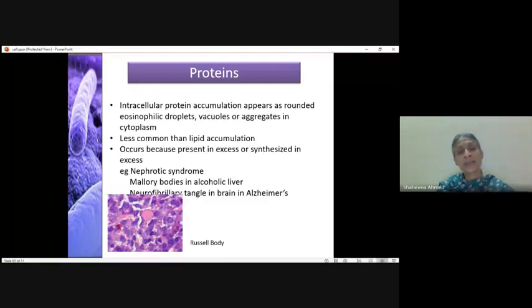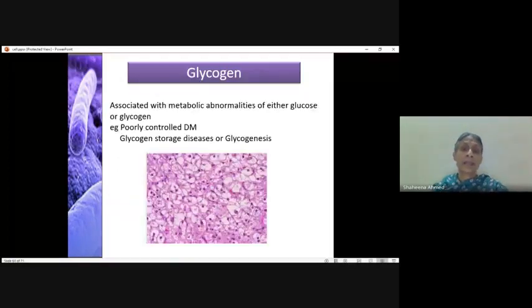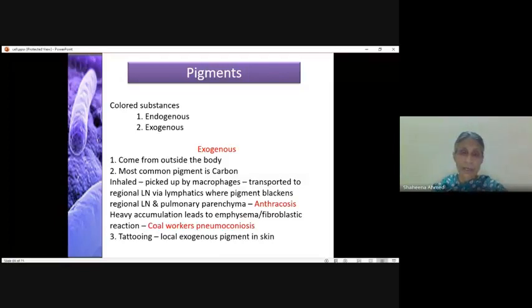They accumulate as eosinophilic droplets, vacuoles, or aggregates within the cell. Glycogen, again, is usually seen in poorly controlled diabetes or some glycogen storage diseases. And again, not that common, because usually fat accumulation is the most common pathology that you are going to encounter.